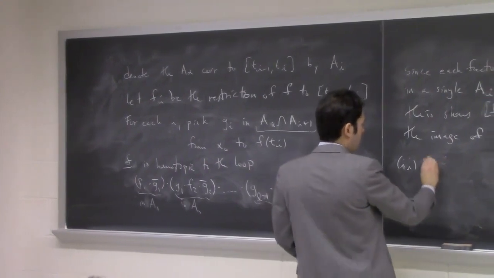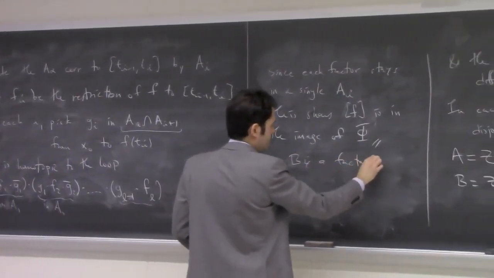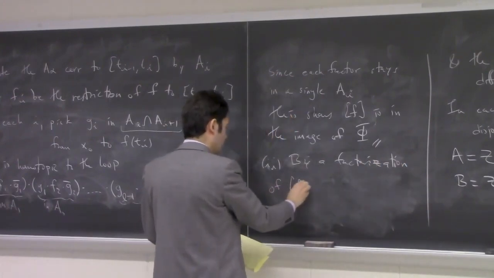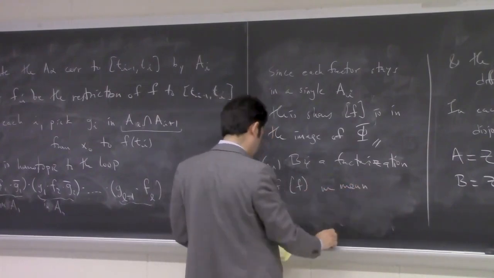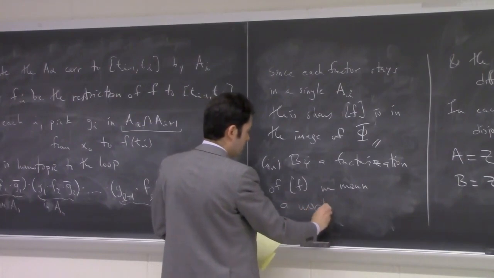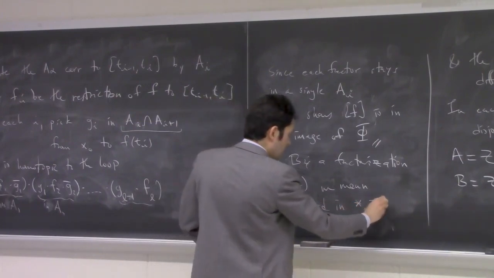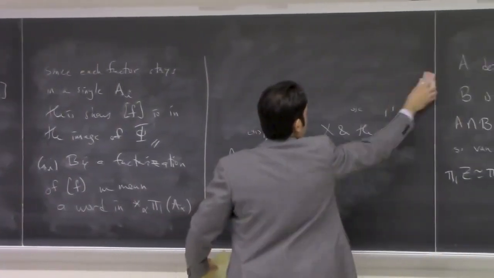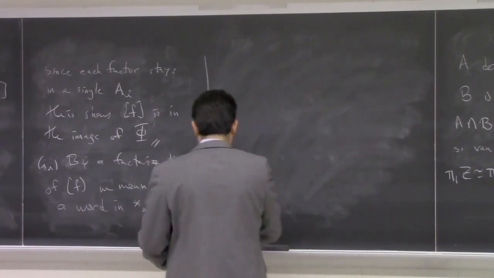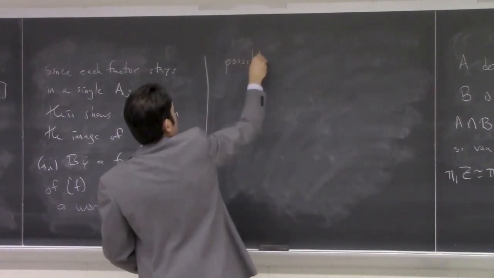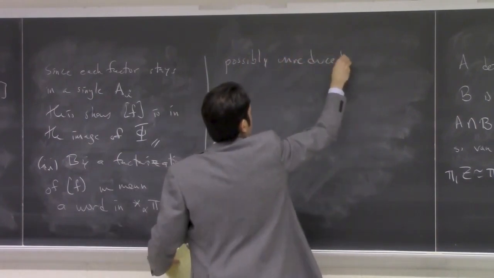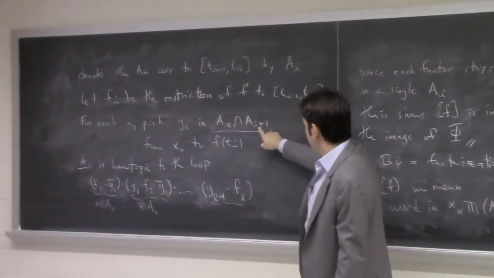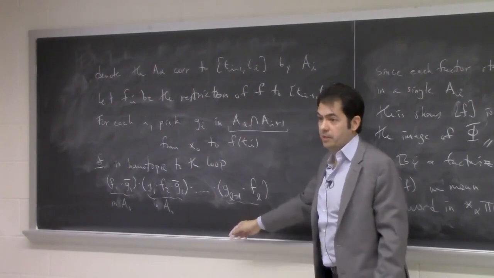So let's say, by a factorization of F, we mean a word in the free product, possibly unreduced. All right, so over here, there was no guarantee that A_{i+1} was different from A_i. So I might have repeated, and I'm OK with that.